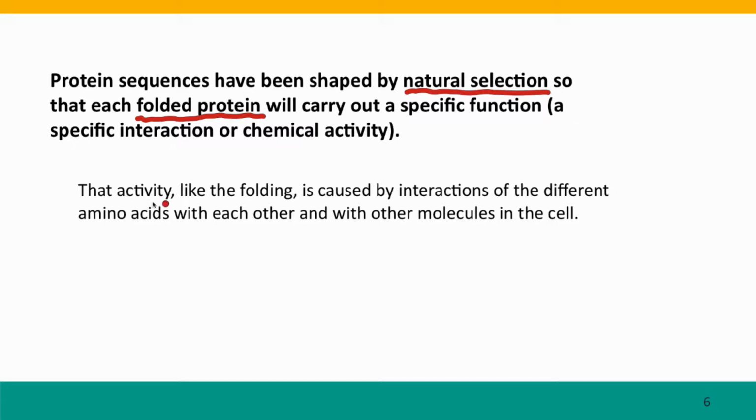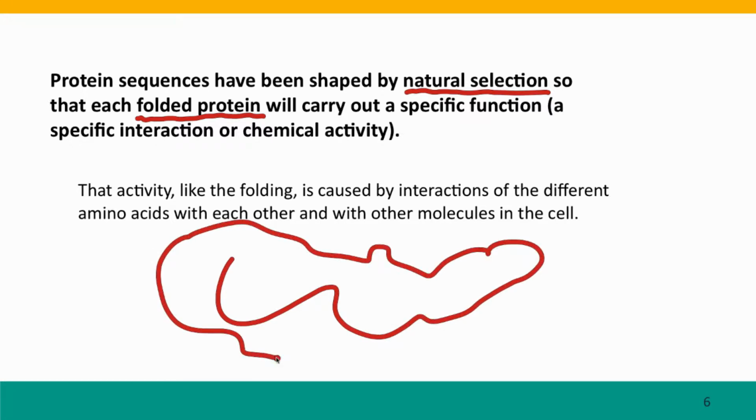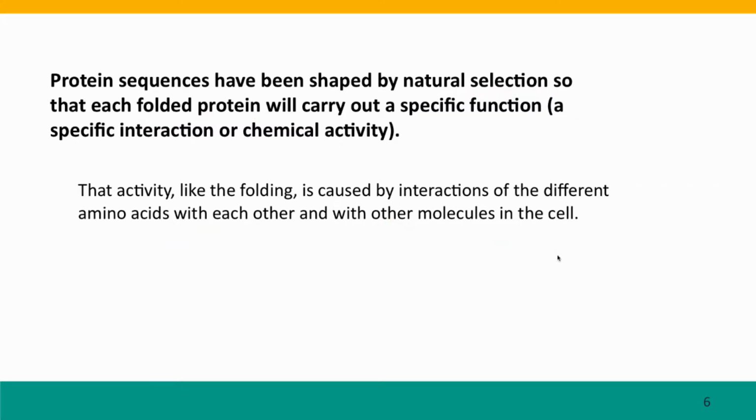And its activity and the folding are caused by the interactions of the different amino acids with each other within the peptide chain. So if there's the peptide chain, it will fold up because different parts of it interact in specific ways. And its activity is also influenced by the other molecules in the cell.